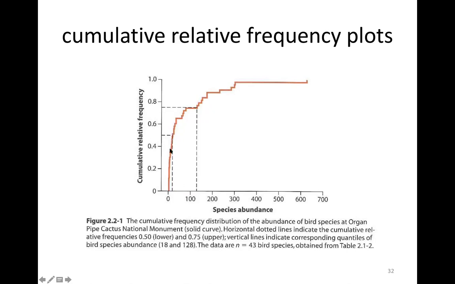So this is the median value. You can also put the median value at 0.5, and then here we have about 75% of the values, and then it slows down, and then finally we have the maximum value reaching 1.